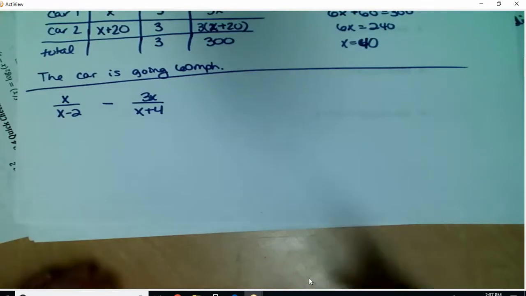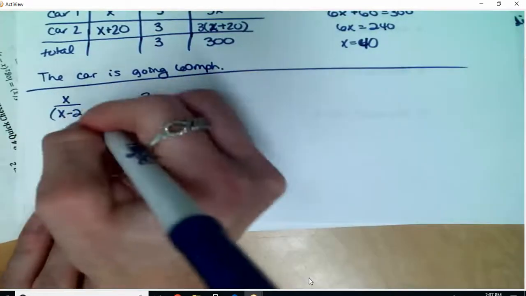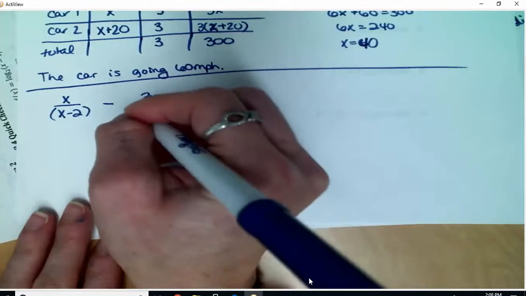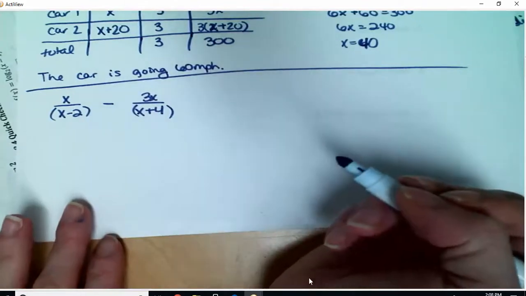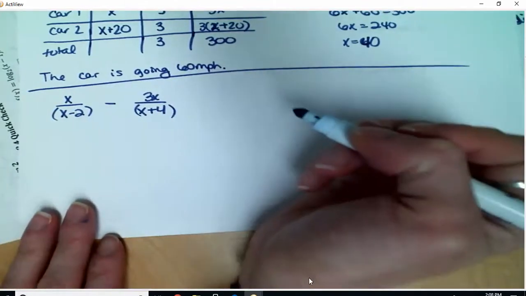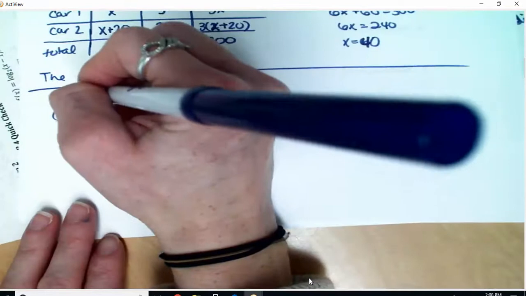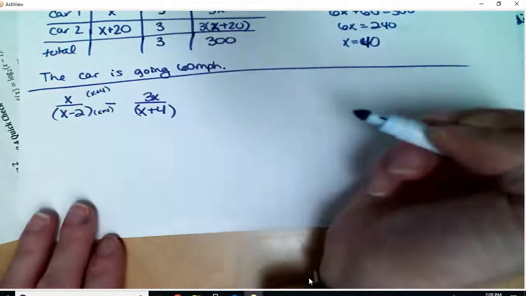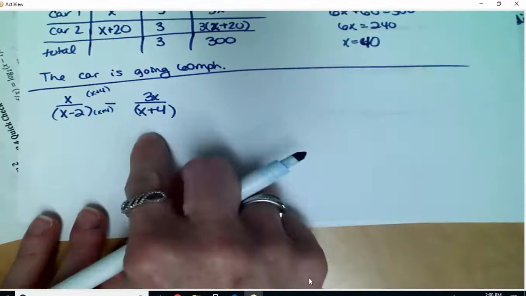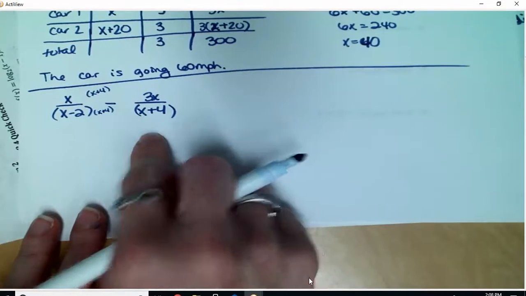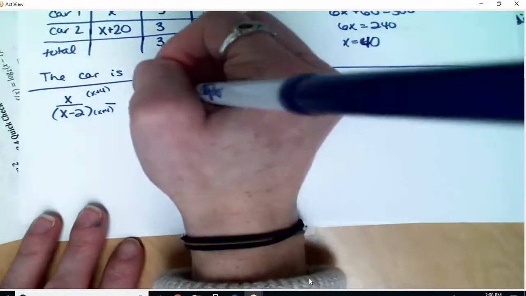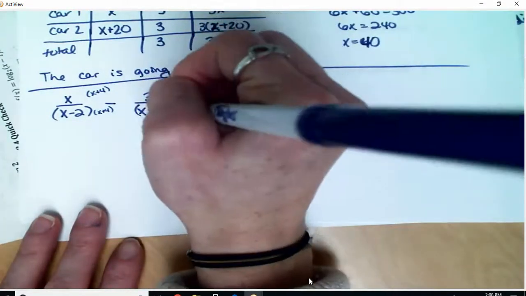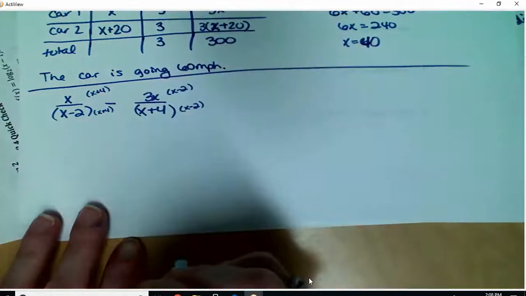We need a common denominator. So the first one has x plus 2. What does it need to look like the second one? And x plus 4. So I'm going to multiply top and bottom by x plus 4. Second one has x plus 4, so it needs x minus 2. Multiply top and bottom by x minus 2.